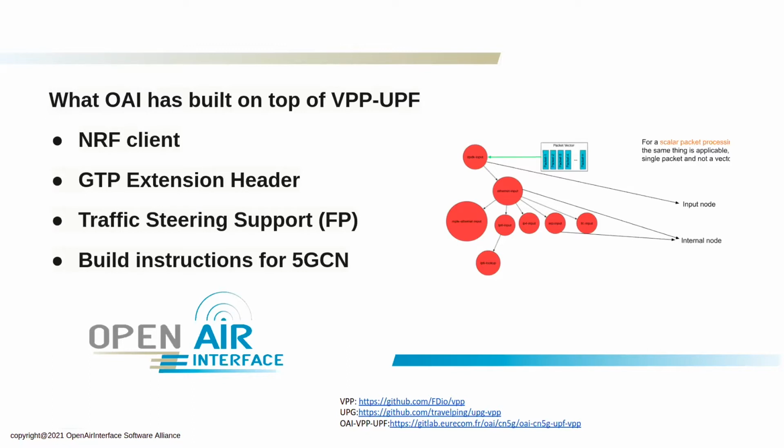Then we have supported the GTP extension header also, which is required for the 5G user plane. Then we have also added a traffic steering feature. There are a number of ways to support traffic steering, like with auto header creation or redirect information or using forwarding policy. For this implementation, we have used forwarding policy. And last, we have added some build instructions which are used to integrate with our 5G CN.